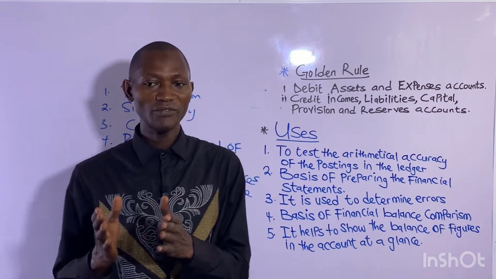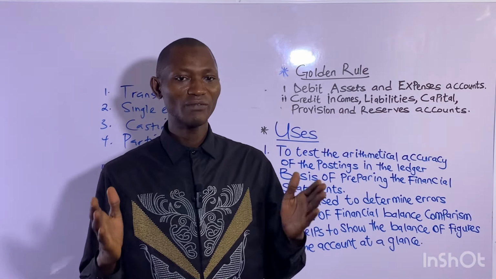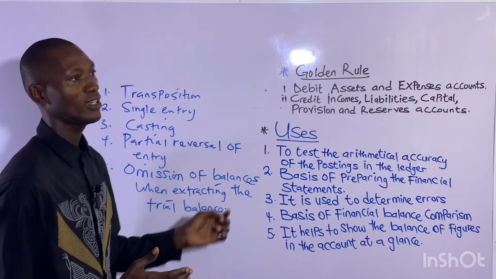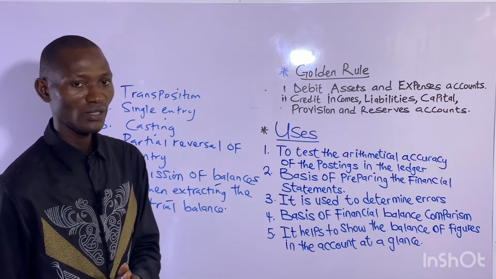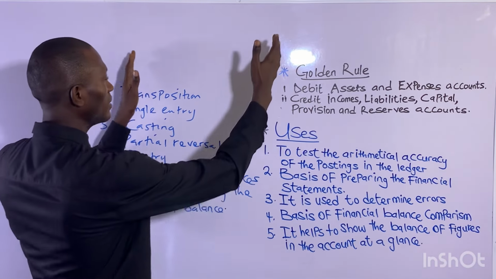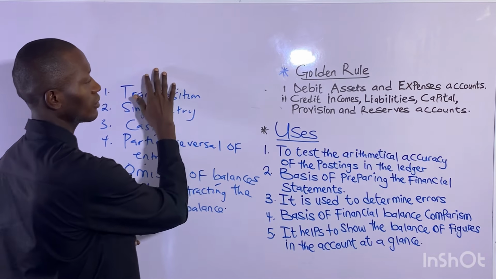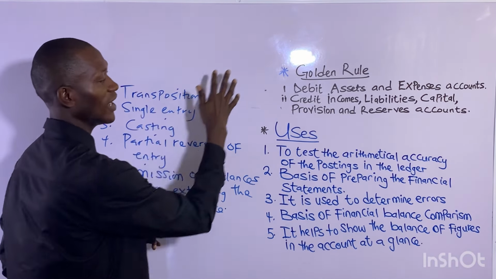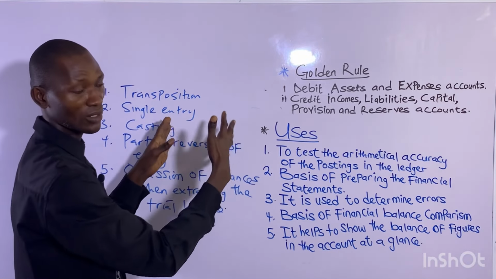So for different periods, you can compare different figures using the trial balance. Let's say the trial balance for 2021 with that of 2022, you can compare the figures for the two accounting years. Let's say creditors for 2021 and 2022, you can use the trial balance to compare the two figures.